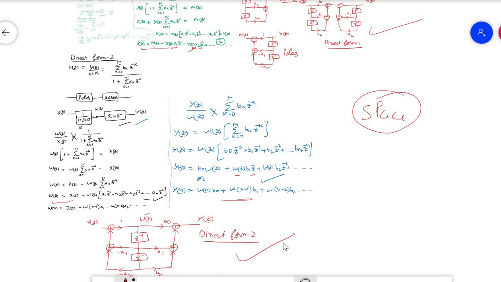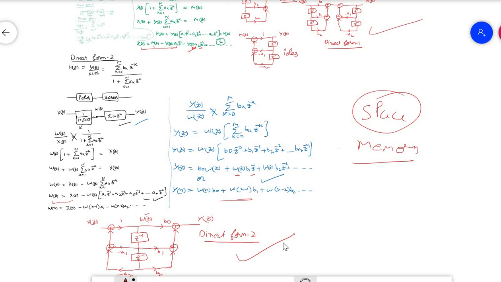There are so many advantages. From the memory point of view, direct form 2 takes less memory and direct form 1 takes more memory. Correct?